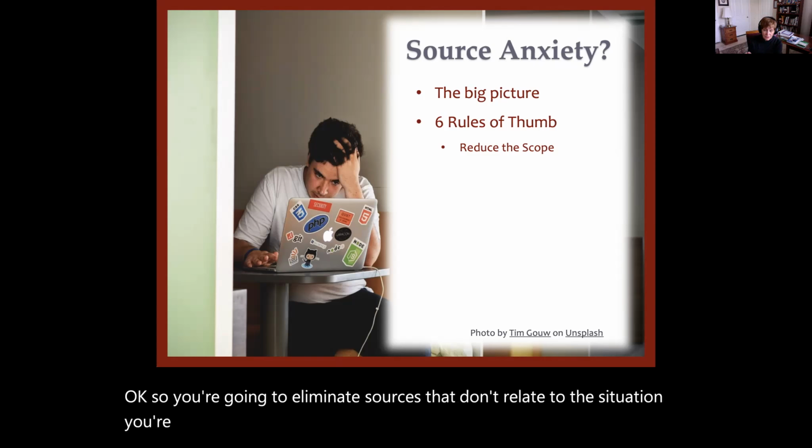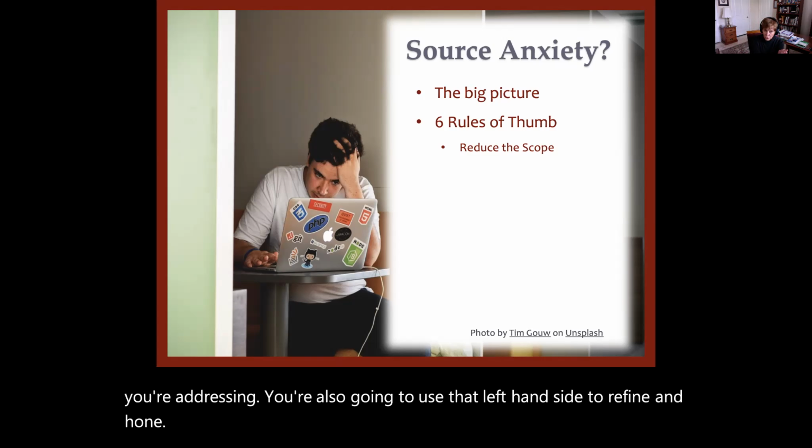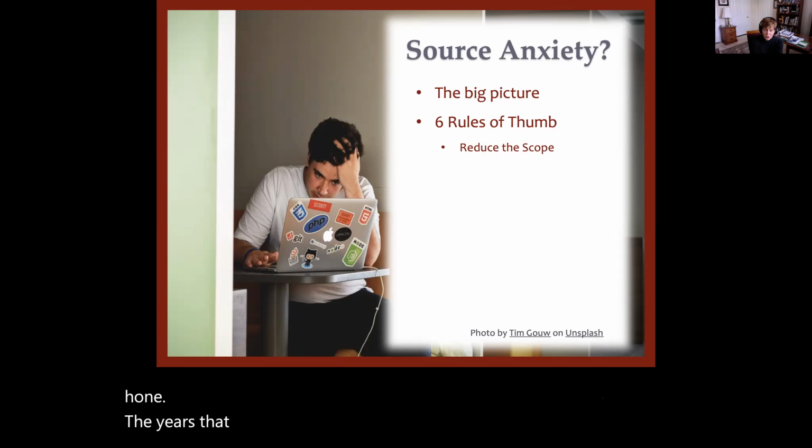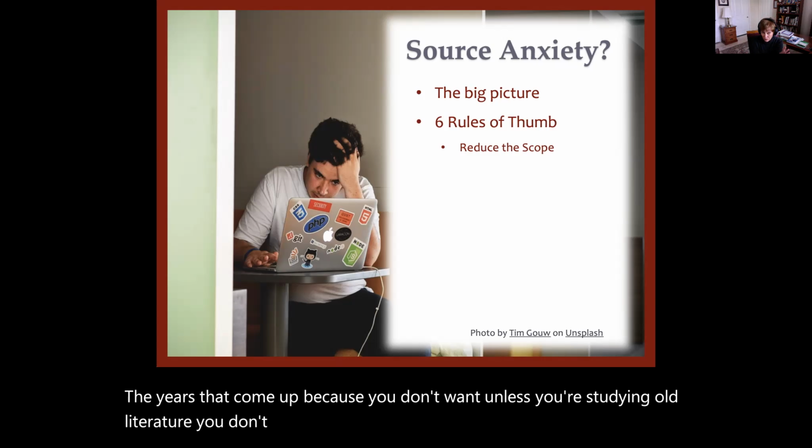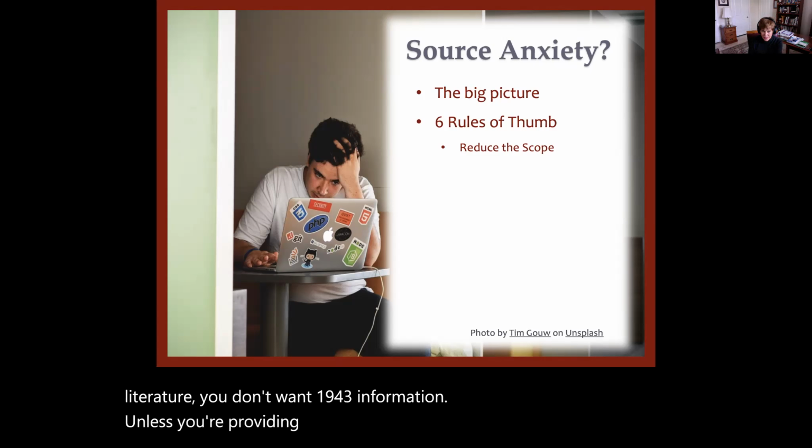You're also going to use that left-hand side to refine and hone the years that come up, because unless you're studying old literature, you don't want 1943 information unless you're providing a historical perspective.